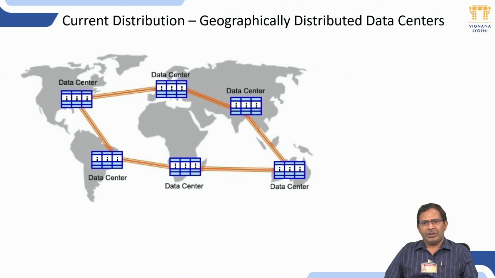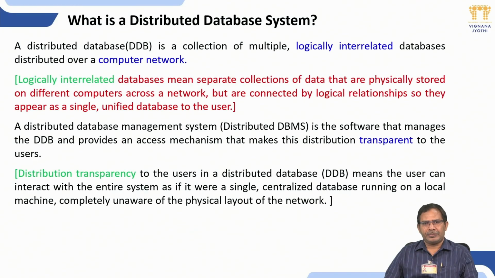The real-time usage of a distributed database is that the data available at different physical locations is processed in parallel by making use of their local software. A distributed database is a collection of multiple logically interrelated databases spread over a computer network.